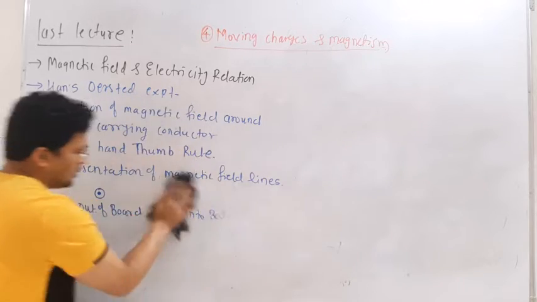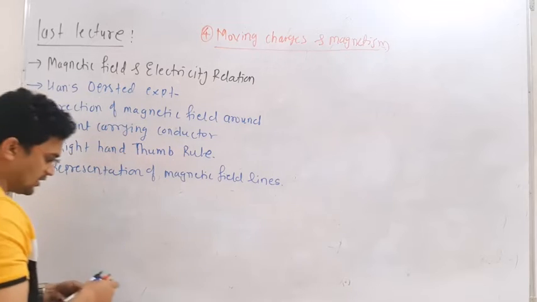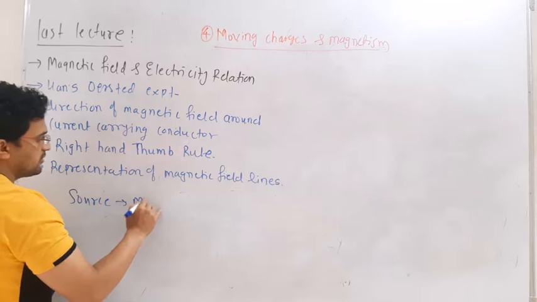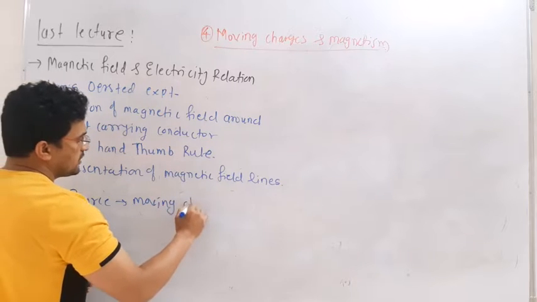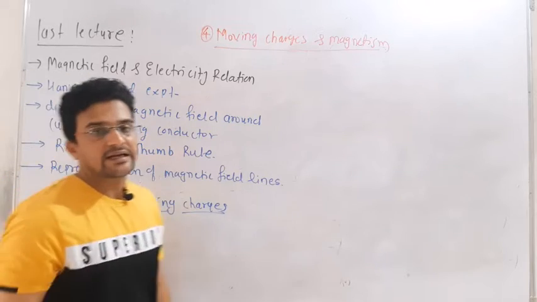Now, what is the source of magnetism in a current carrying conductor? The source is moving charges. If the charges are moving, they create a magnetic field.